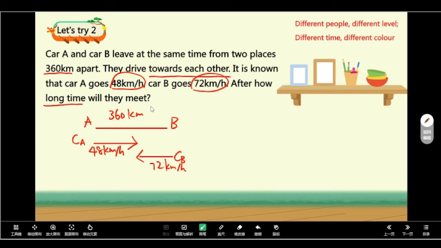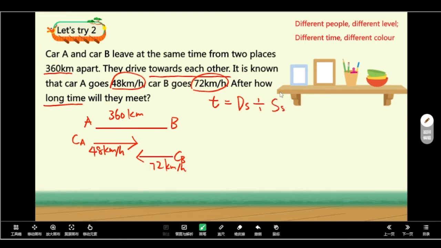So what's the question asking about? Yes, the question is asking about time. Does anyone still remember how we can calculate the time in meeting questions that I mentioned just now? Yes, if we need to calculate time, we need to use the sum of distance to divide by the sum of speed.